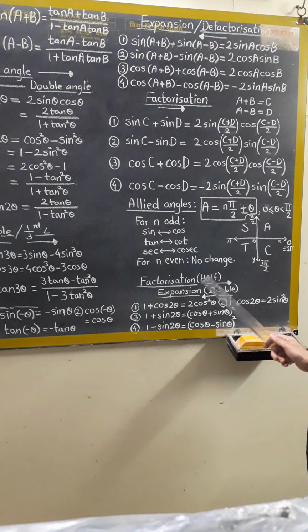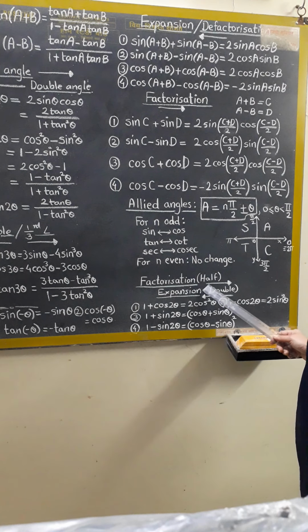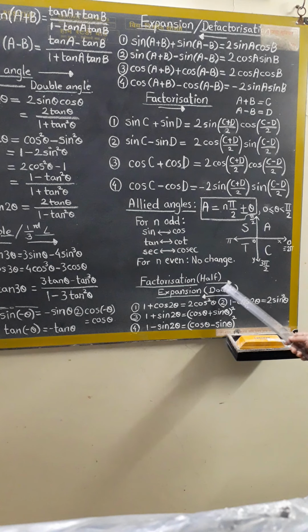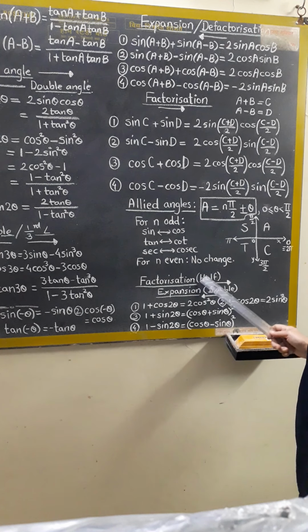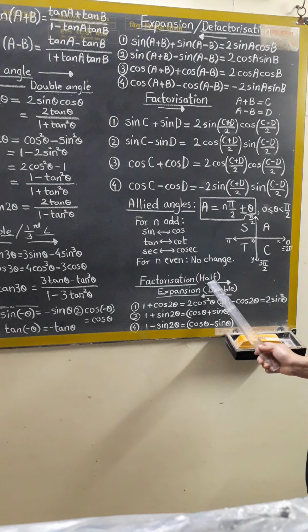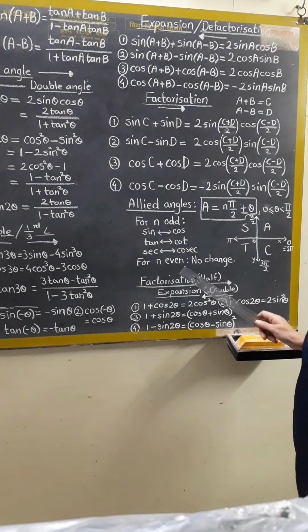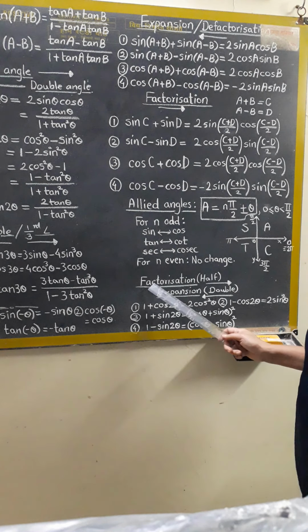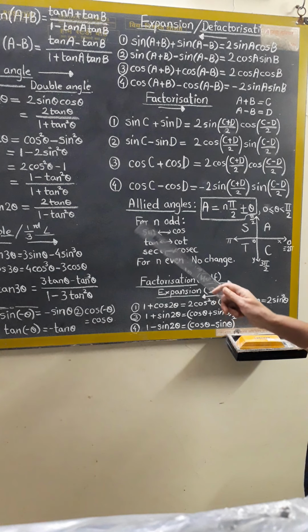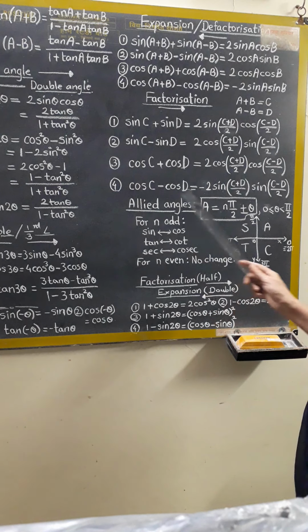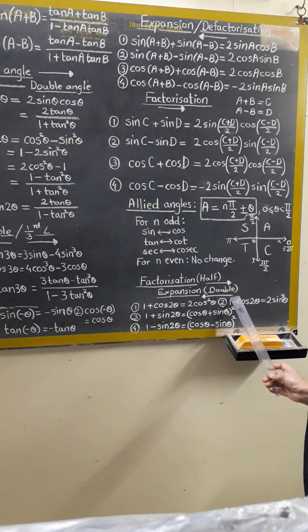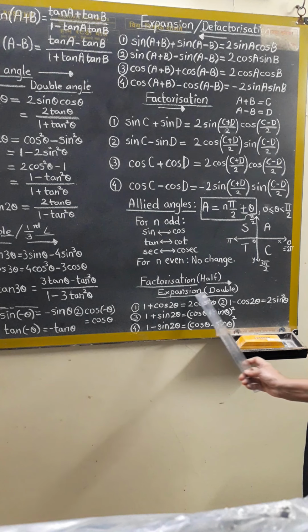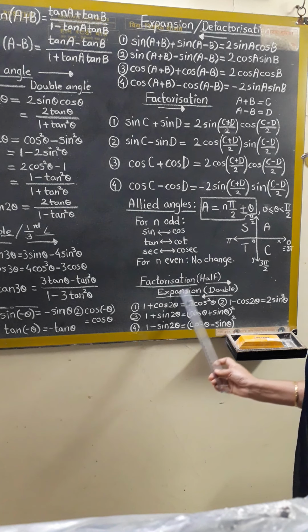The arrows are shown to you: from left to right they are the factorization formulae, and at the same time they are half angle formulae. So we are converting the angles into half angles, and at the same time converting the addition or subtraction into product form. Whereas from right to left, they are known as expansion formulae.